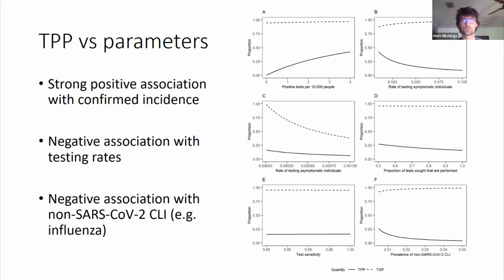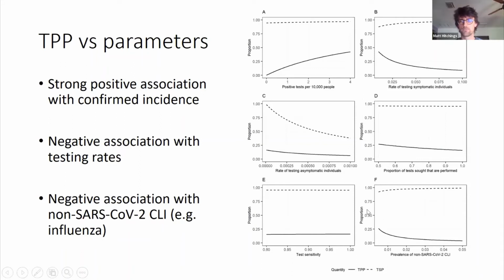That lends credence to our intuition that lower TPP is good, because that is an indication that we're doing more testing of people. And if more testing is associated with more quarantining, that is good. So that's a point for TPP. It adds information if we're comparing two places with similar case rates.